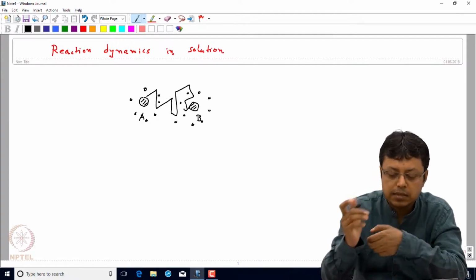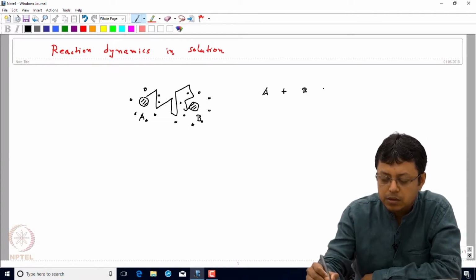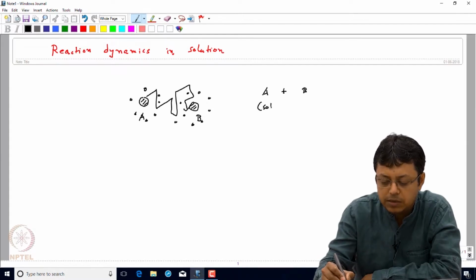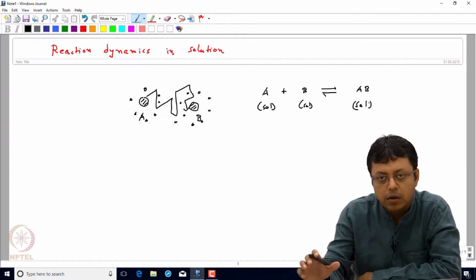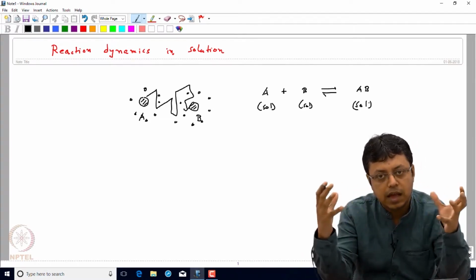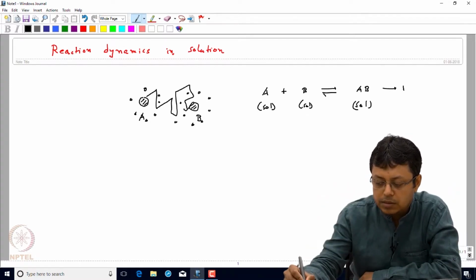Now the interesting thing is, if we talk about it in detail, I have two reactants, A and B, both of which were initially solvated, and then they come close together so that they form a reactant pair, and this entire thing together is now solvated, and within this solvent cage they are having reactive encounters, and they will form products.